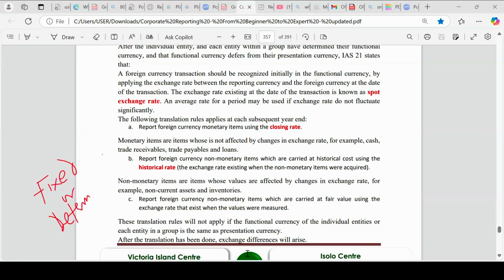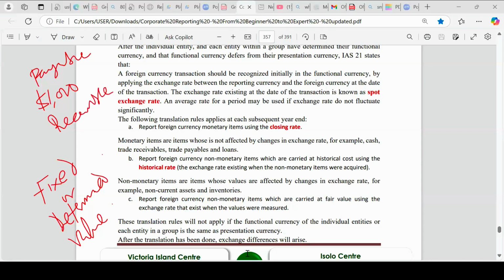Say I import from a foreign supplier, and I have been invoiced $1,000. This is a payable. Or I invoiced somebody in a foreign currency. I have a receivable of 1,500. Or I kept foreign currency in the bank. I have a domiciliary account where I have about $10,000.